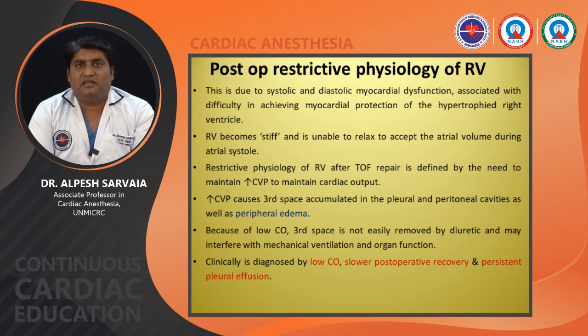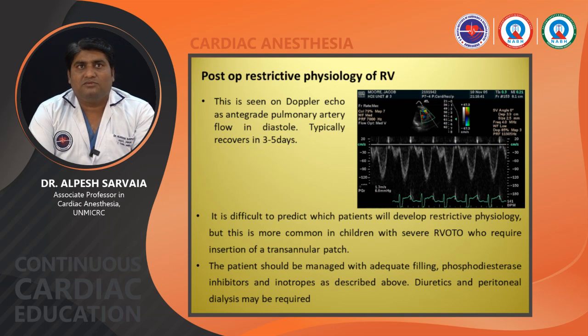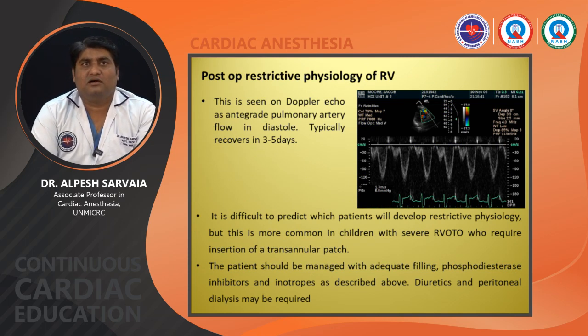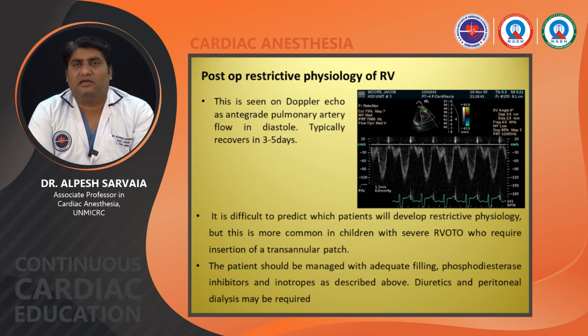It is clinically diagnosed by low cardiac output, slower post-operative recovery and persistent pleural effusion. Now, this is the echocardiographic Doppler echo wave reading, the wave we can specifically see in restrictive physiology of the RV.